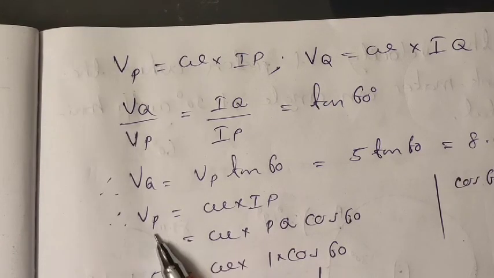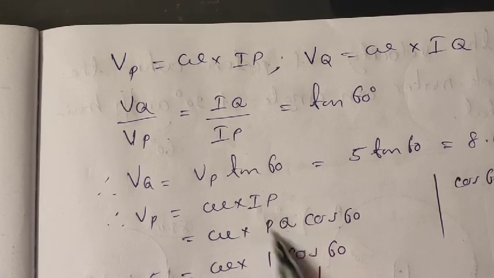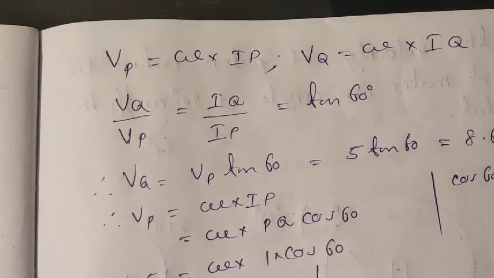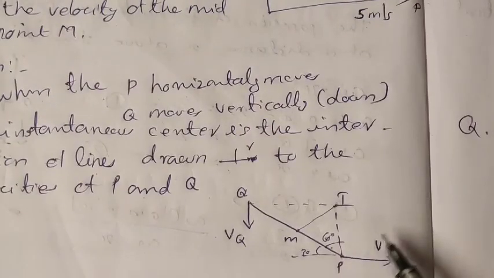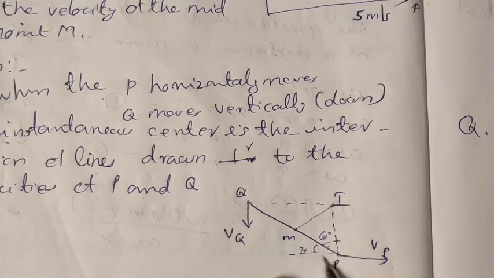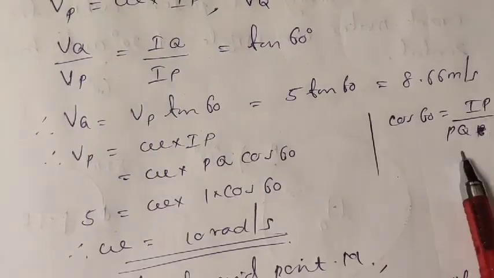We know that VP is omega into IP, and IP means PQ cos theta. From the figure, cos theta is adjacent side by hypotenuse, so cos theta equals IP by PQ.